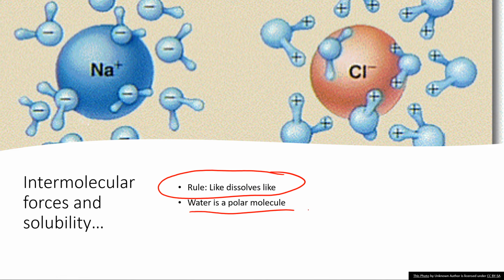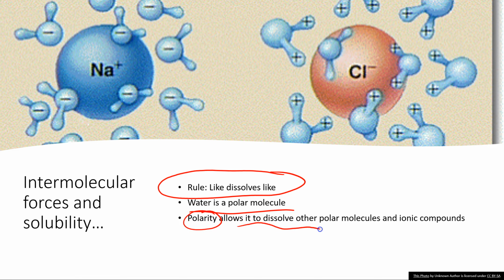Water, we have to remember, is a polar molecule. And polarity, so if we have a polar molecule like water, allows it to dissolve other polar and ionic compounds. Again, with water, if we look at the picture here, we have our oxygen part and our hydrogen parts. The oxygen part is negative, the hydrogen part is positive.